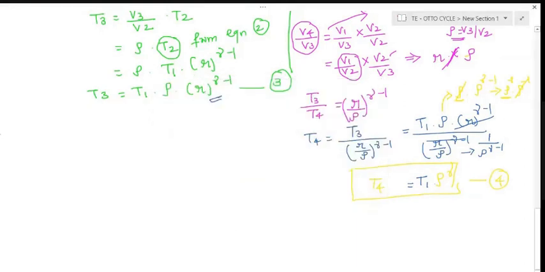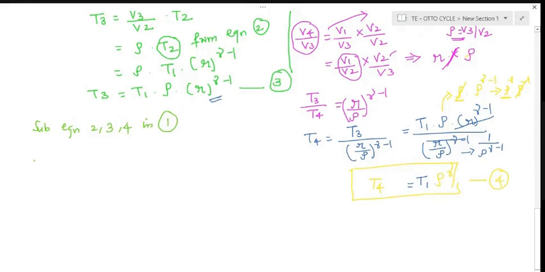So now we can substitute equations number 2, 3, and 4 in equation number 1. Equation 2, 3, and 4 are T2, T3 and T4.